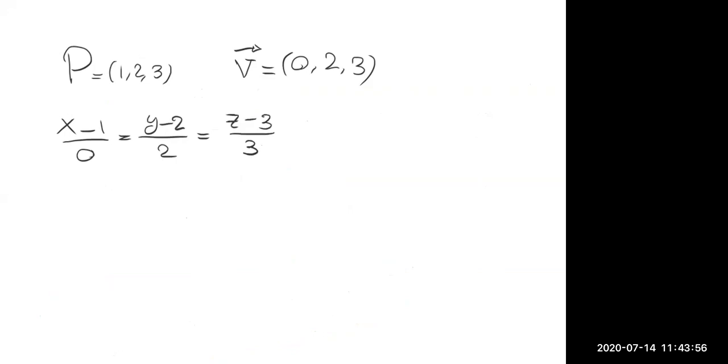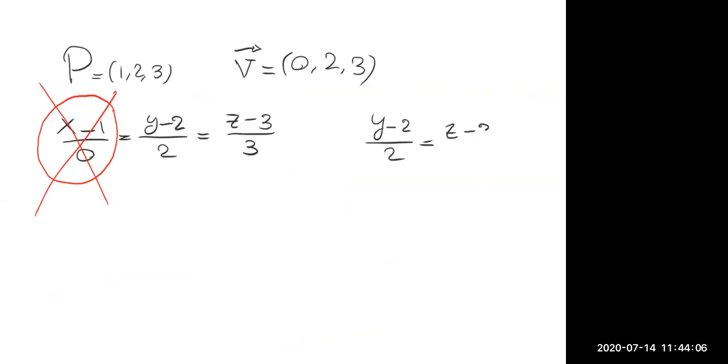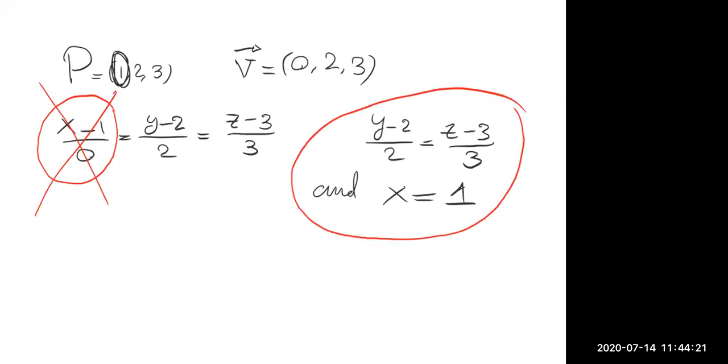But x minus 1 over 0 does not make sense. It's not defined. So we get rid of that. We say y minus 2 over 2 is equal to z minus 3 over 3. And x would always be equal to the corresponding component of P. Here it is 1. It would always be 1.